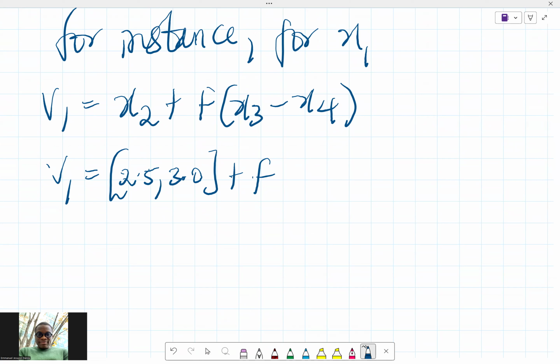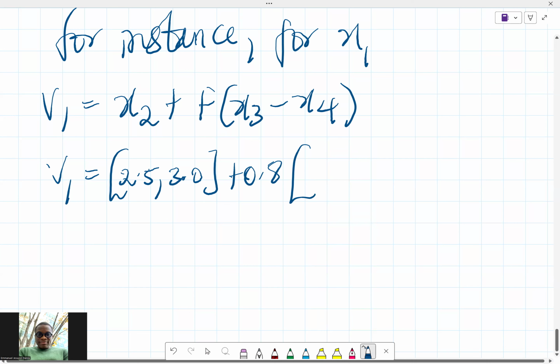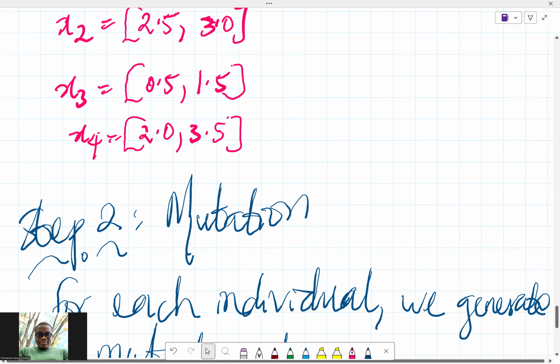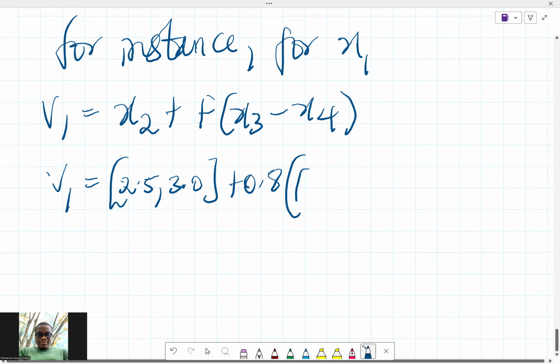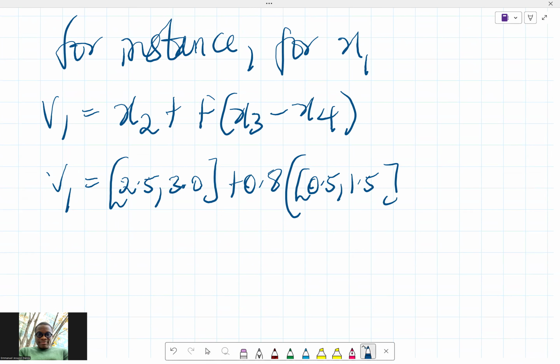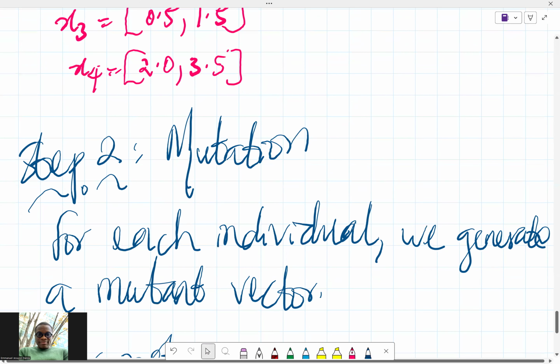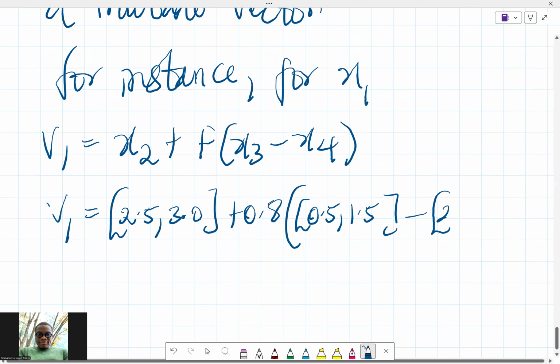What if we take F to be 0.8? F is 0.8. That's a kind of scaling factor. So 0.8 into x3. What is x3? X3 is 0.5, 1.5. Minus x4. X4 is 2.0, 3.5.